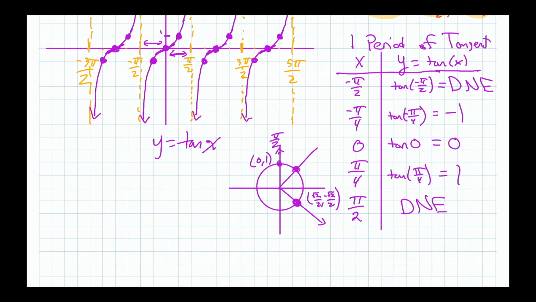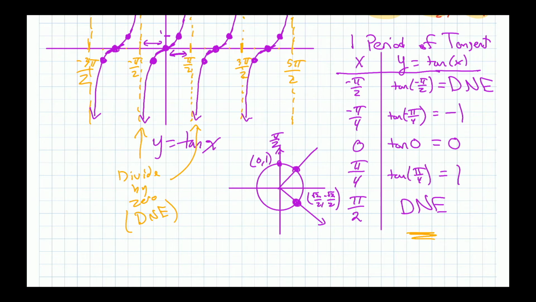And so the vertical asymptotes, right, these are the divide by zeros. So like this is a divide by 0, or D and E in my graph over here, for those. All right, and then in between there's only 3 values to look at.